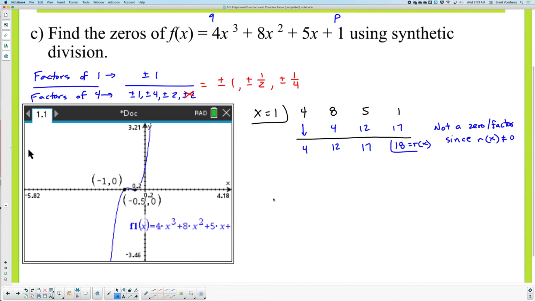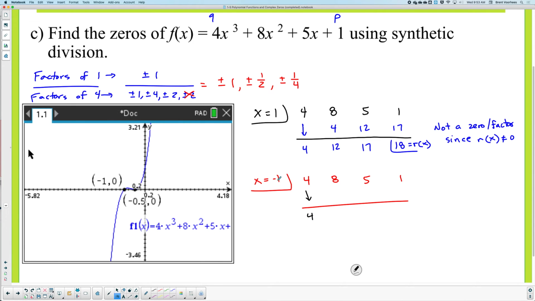Let's start with what should we have chosen? Going by the picture, -1. So we try -1. 4, 8, 5, and 1. 4 false.